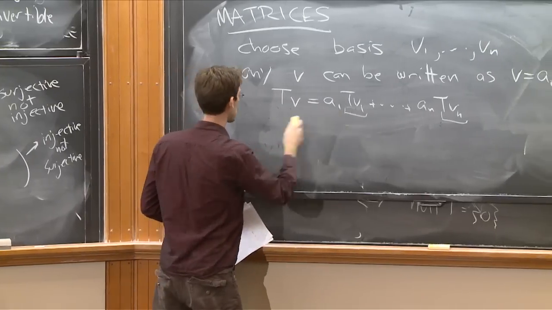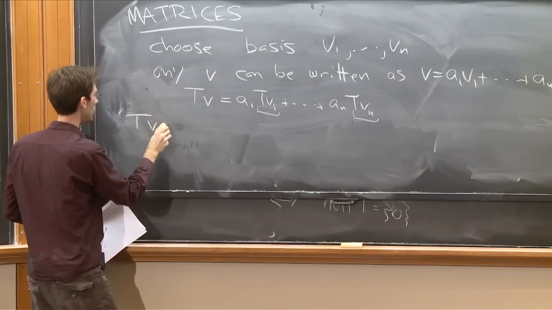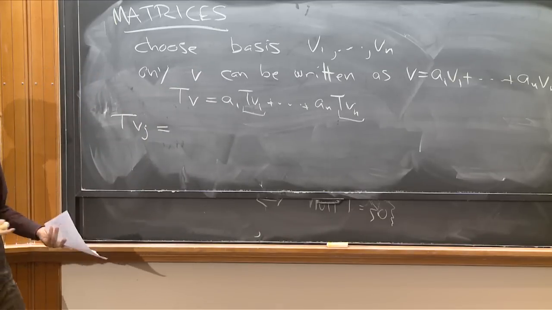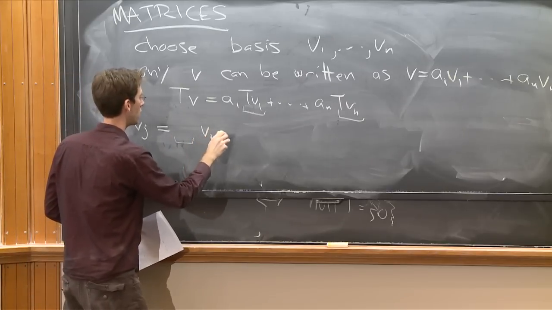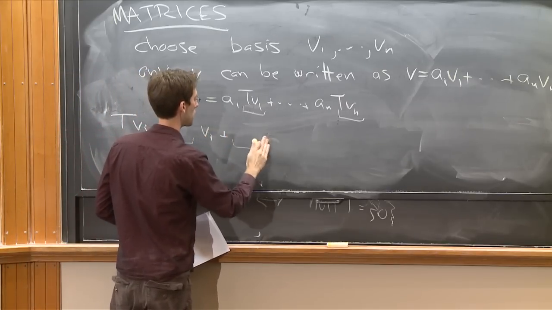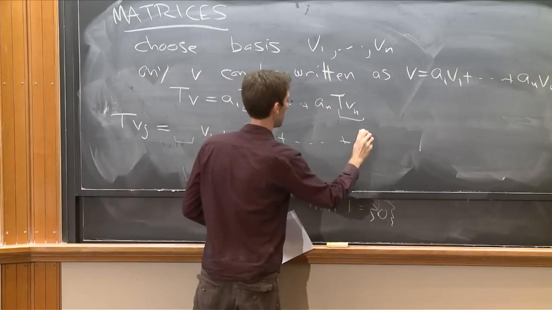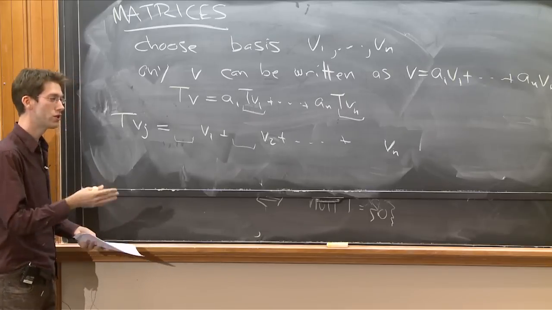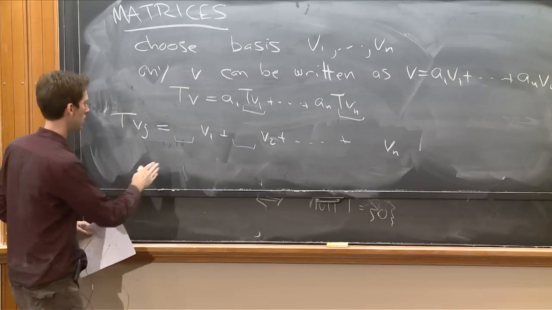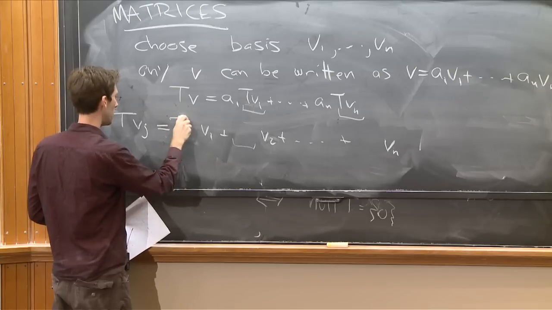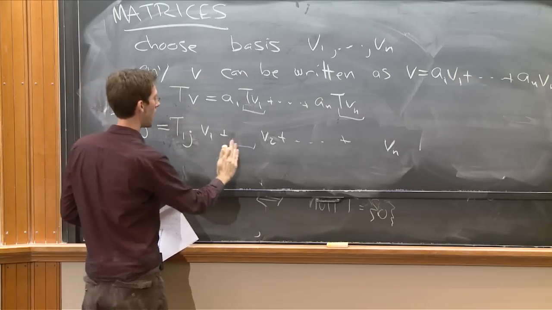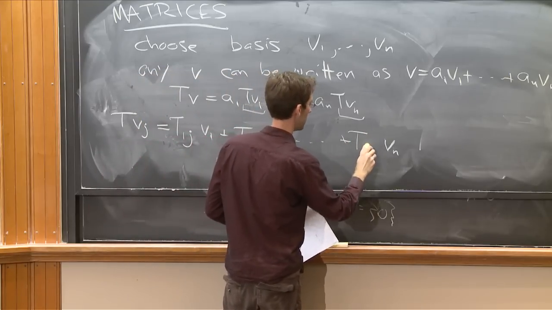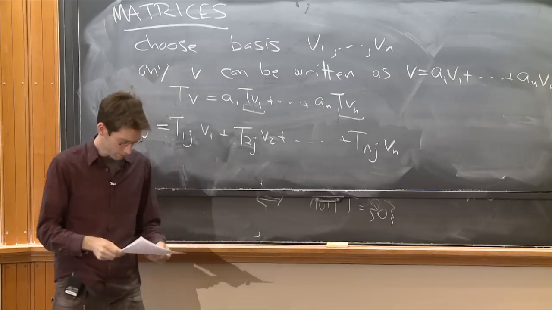So let's further expand Tvj in this basis. And so there's some coefficients. It's something times v1 plus something times v2, up to something times vn. And these somethings are a function of T. So I'm just going to call them T sub 1j, T sub 2j, up to T sub nj.